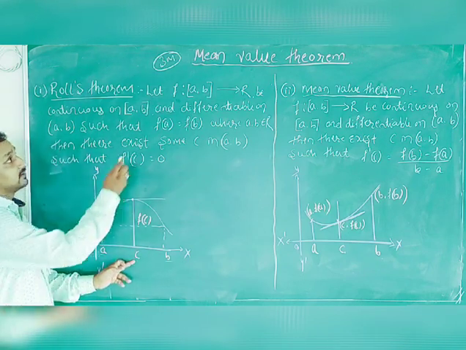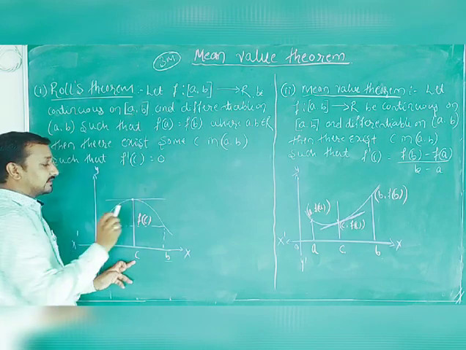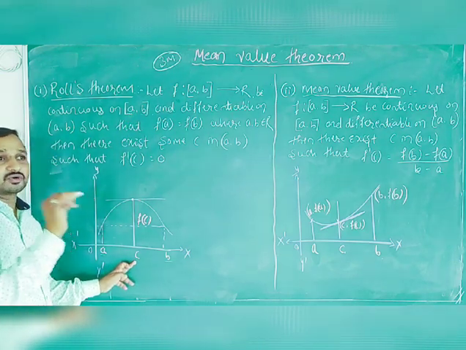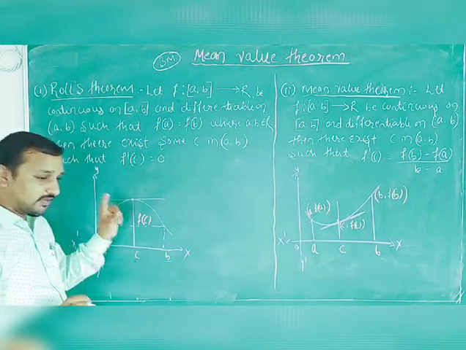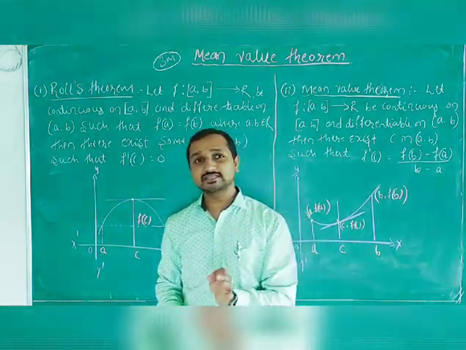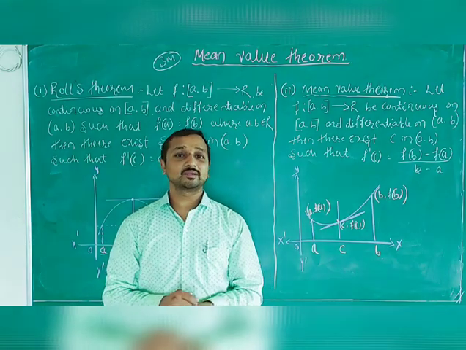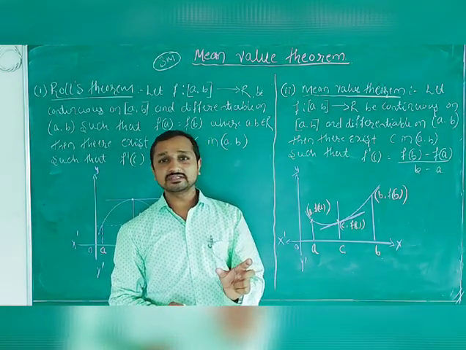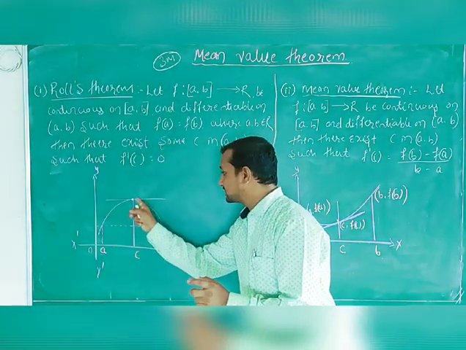Here, f should be continuous on the closed interval [a, b]. Students, remember that the function is continuous on the closed interval [a, b], and differentiable on the open interval (a, b), because the derivative is defined at this point.